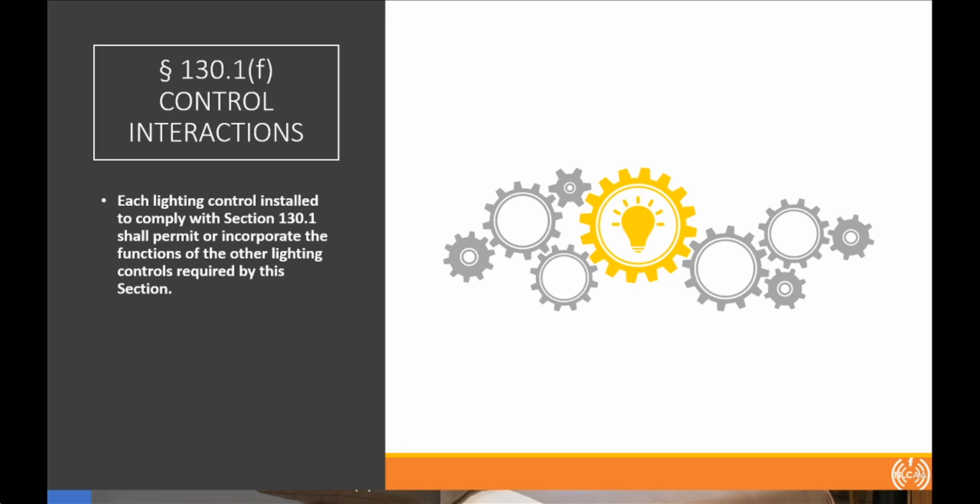Automatic demand response could also be overridden by a manual area controls. So take the time to just go through this new code section. It's more of a cross check of what the different requirements can do when it's all in place and operational.